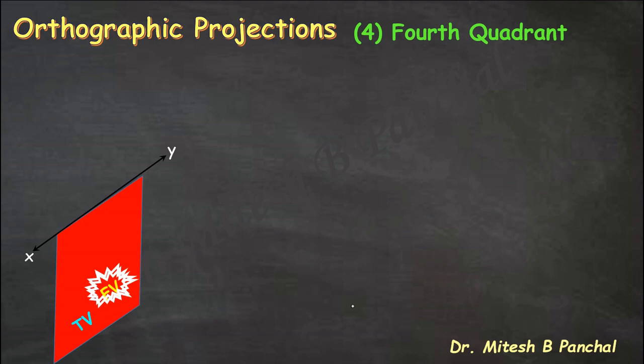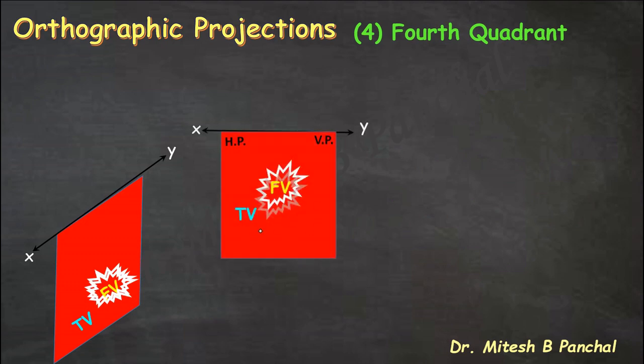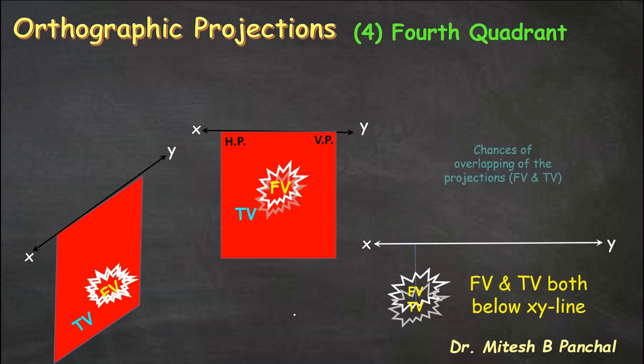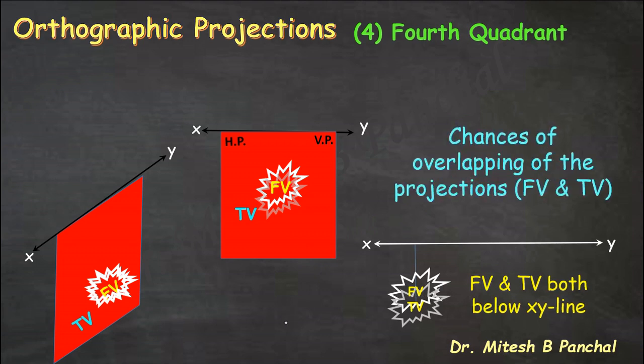Looking from the front side, we will get front view and top view like this, similar to second quadrant. But in this case, both the projections, front view and top view, are below XY. So similar to second quadrant, here also the chances of overlapping are there. So in second quadrant and fourth quadrant, there are chances of overlapping of the projections.